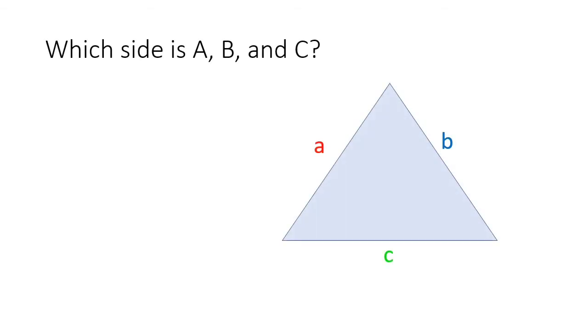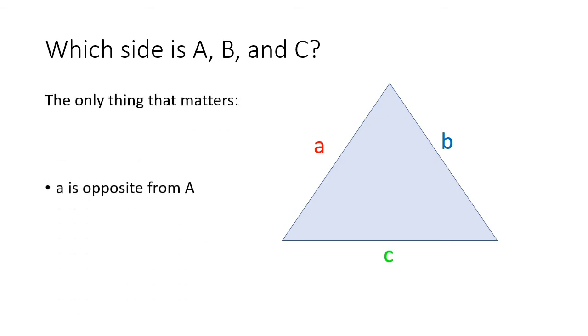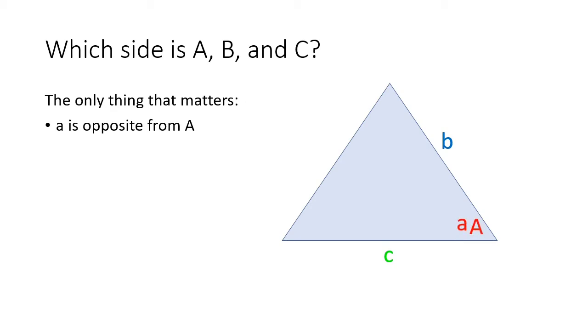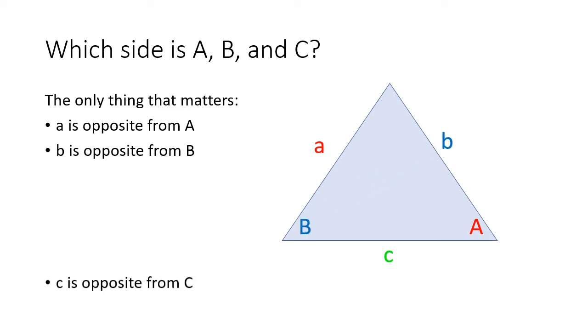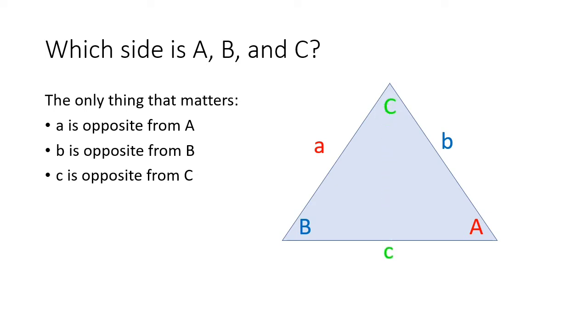So we've went over this in law of sines and law of cosines, but it's very important to know how to label a triangle. The only thing that matters is that side A is opposite from angle A, side B is opposite from angle B, and side C is opposite from angle C. You can label it whichever way you want.